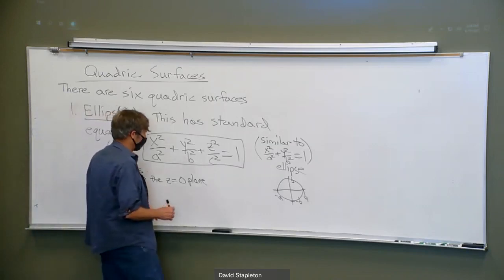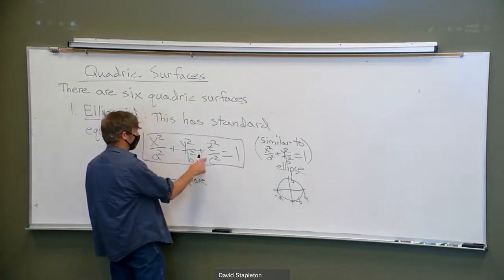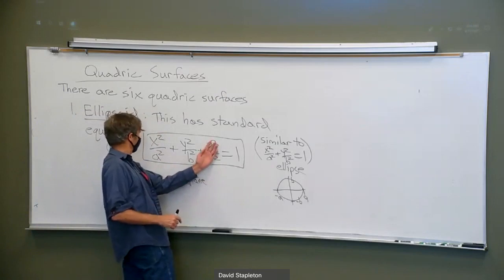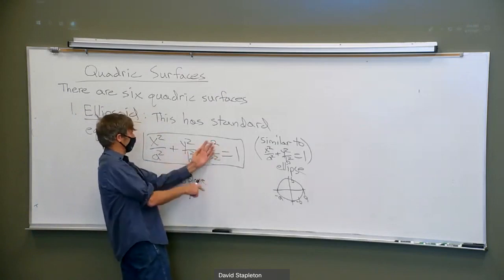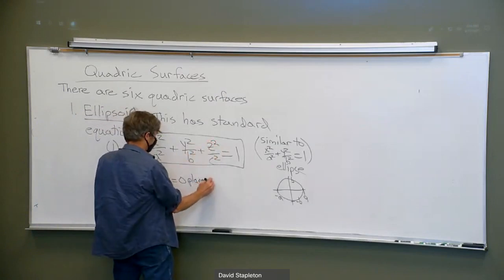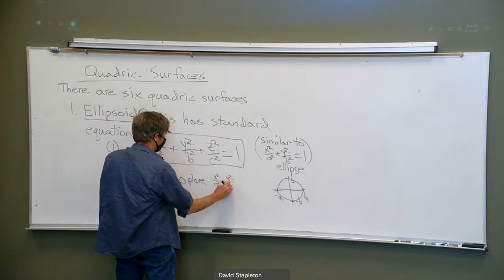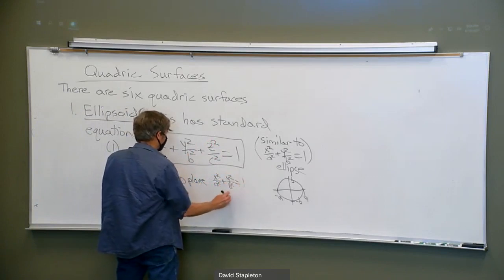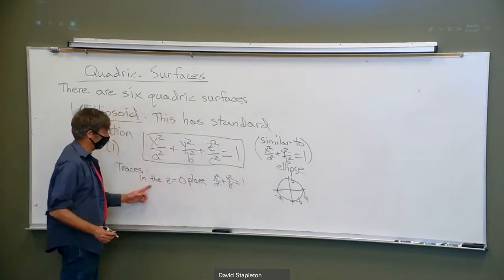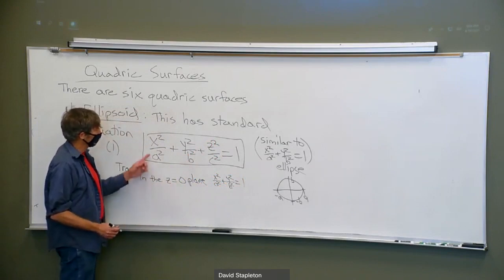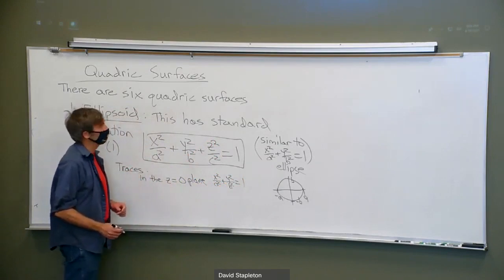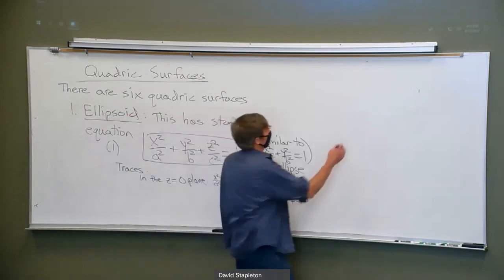So we're going to look at the z equals 0 plane. If I put z equals 0 in this equation, I get, oh, there it is. That's the ellipse equation, right? x squared over a squared plus y squared over b squared equals 1 is the intersection of the xy plane, the z equals 0 plane, with the surface, whatever it looks like. So I can start drawing it now.